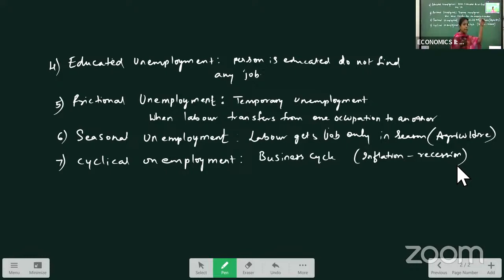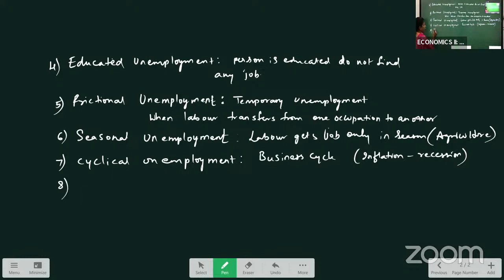When business is in the recession stage or losses, it creates unemployment. When business is in growth, they want more labor, but when business is in losses, they will remove the employees. So employment depends upon business activities. That is called cyclical unemployment.